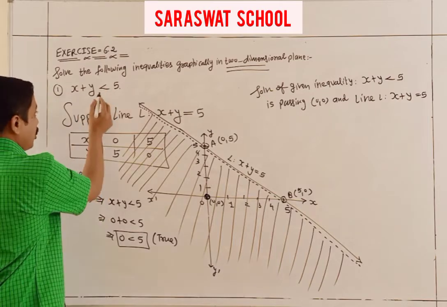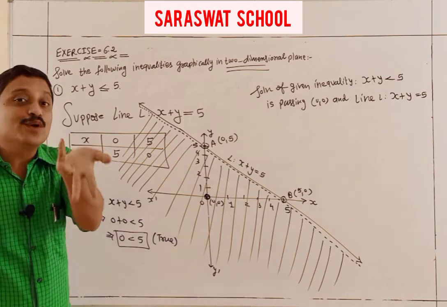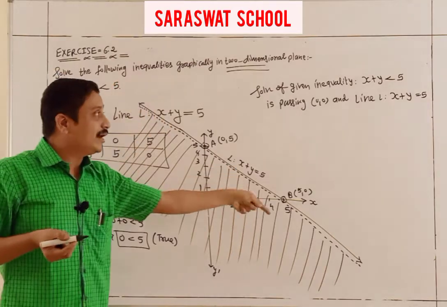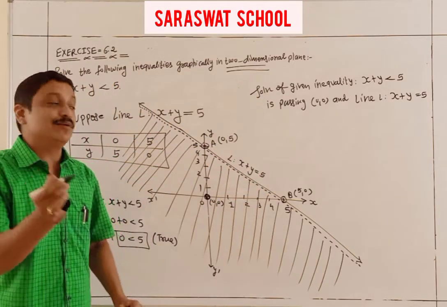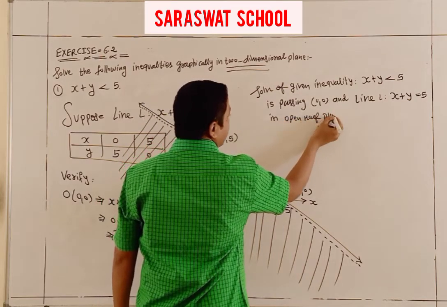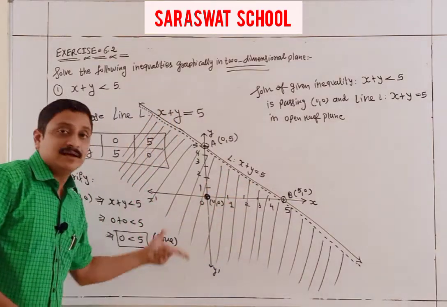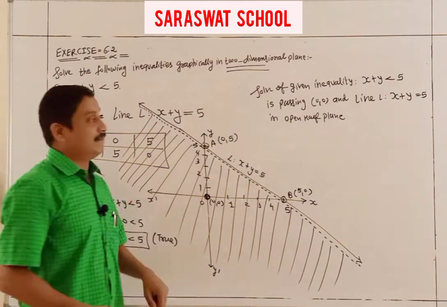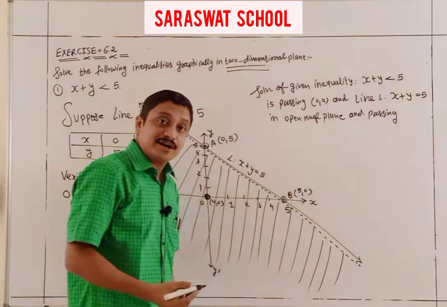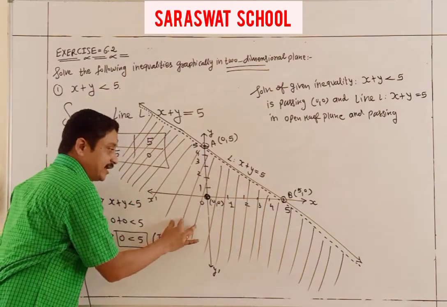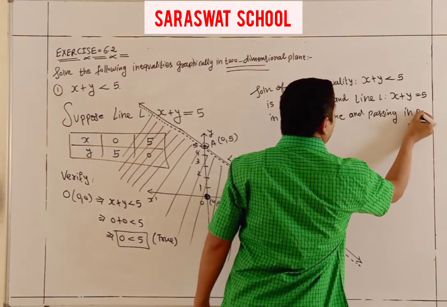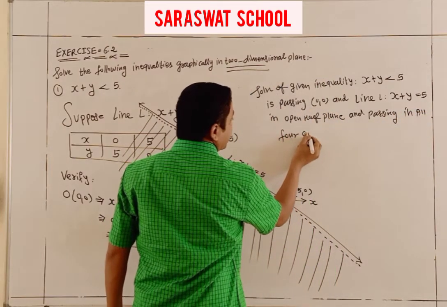If equal to is given, then write down closed half plane. Yes, only less than is given, so this line is not counted. So I write down x plus y less than 5 is an open half plane. You can also write that it is the lower side half plane. In which quadrants is it passing through? First, second, third and fourth, all four quadrants.